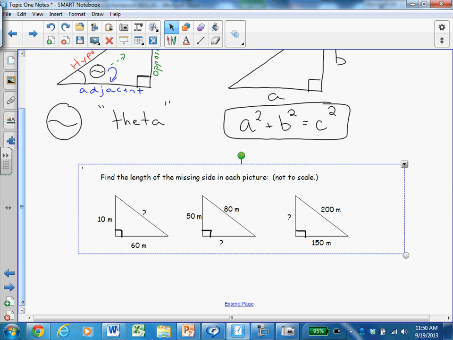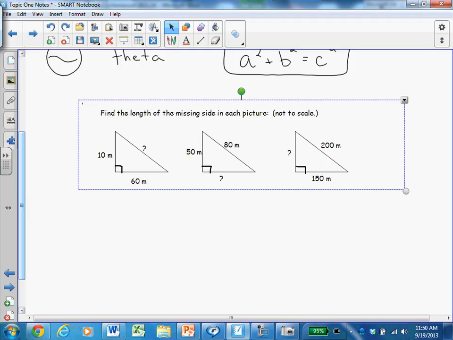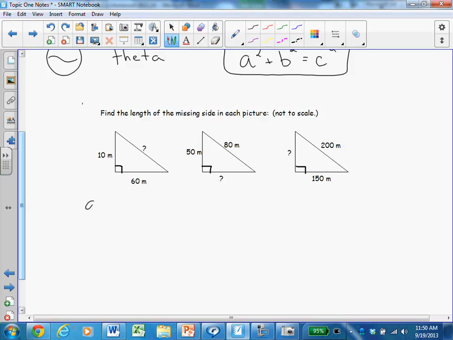Well, we could find out the lengths of these missing sides, right? Because we could just use a squared plus b squared equals c squared, right? Where a is 60 meters squared plus b, which is 10 meters squared, equals c squared.